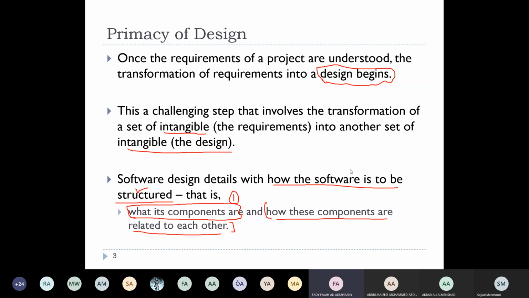What could be a component of software? Good question. Would anybody like to comment on it before I answer it? What is a component we talk about? For example, classes, functions, right? Absolutely. Anything else? I think objects.